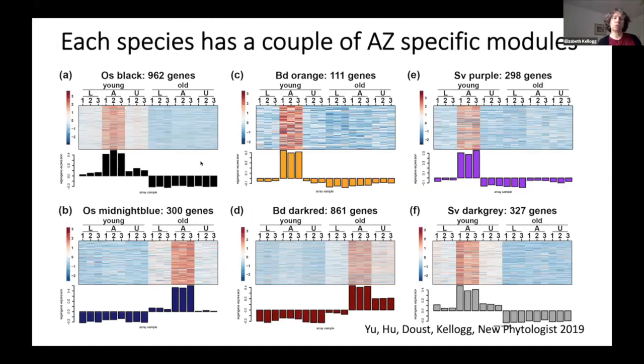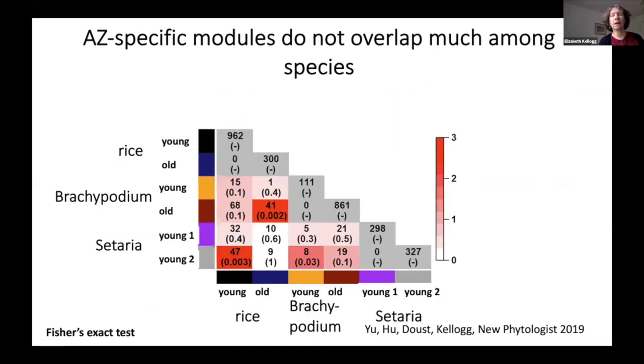So the question then that Yunqing and Hao asked was, what's shared among these? Here's rice, there's a set of 962, here's Brachypodium, there's 111. What is shared between those modules? And the answer is basically nothing. There's a little bit of overlap, which is barely statistically significant, given the number of comparisons.